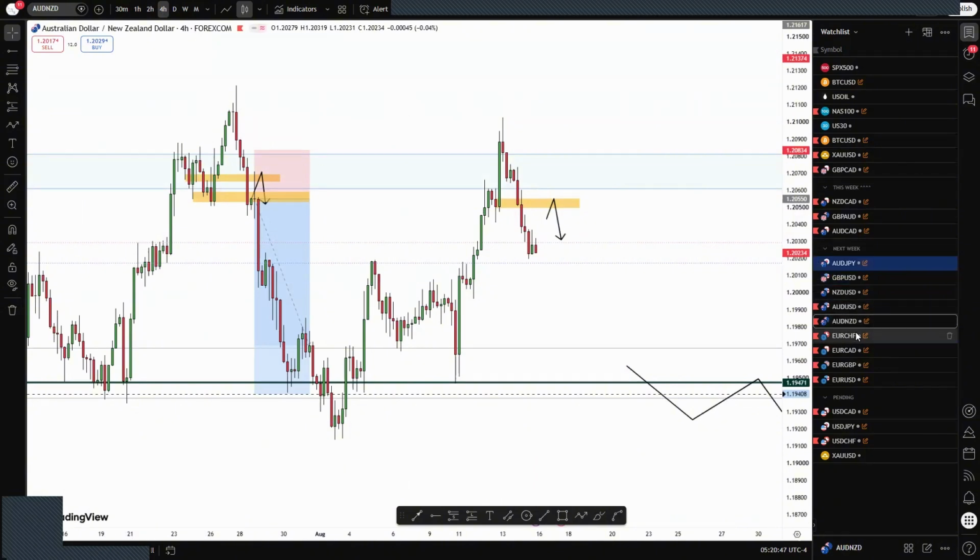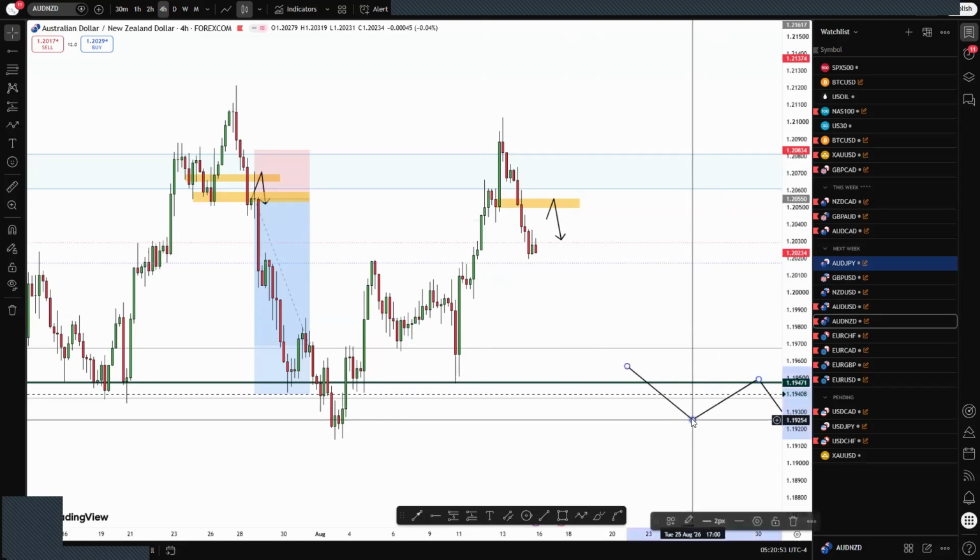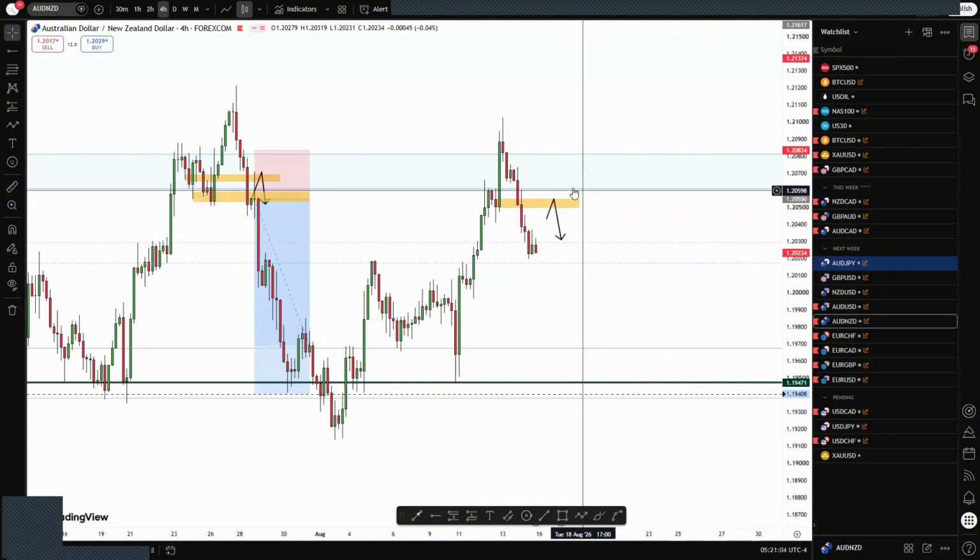I don't really see it playing out this week for me, but we'll see, because the bed is still big, and price can do anything when it's at this level.